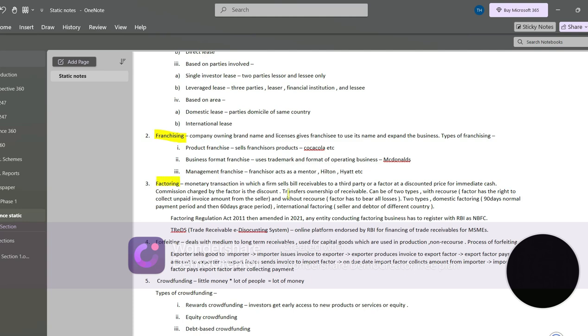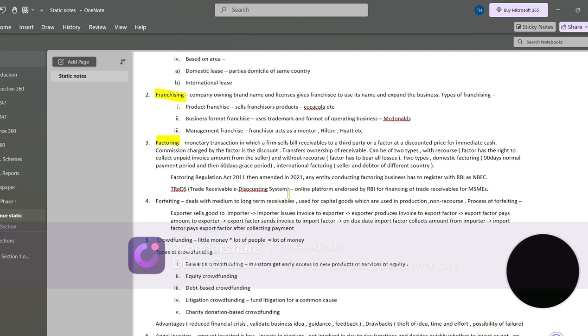Factoring is basically, for example, a firm has bill receivables. They sell those bills to a party known as a factor at a discounted price for immediate cash.